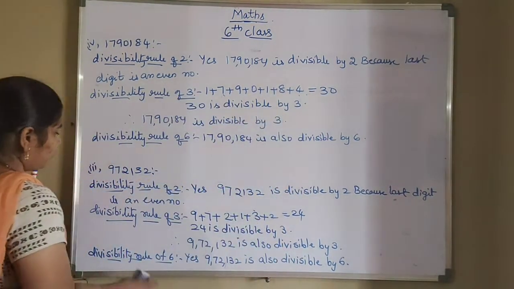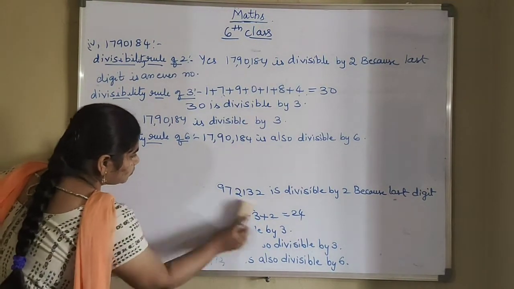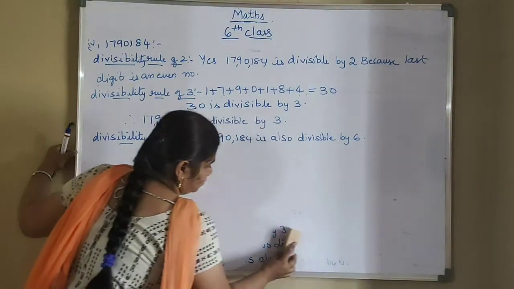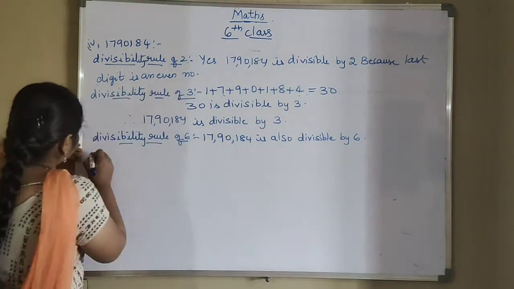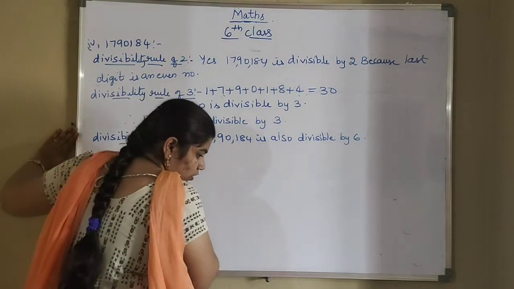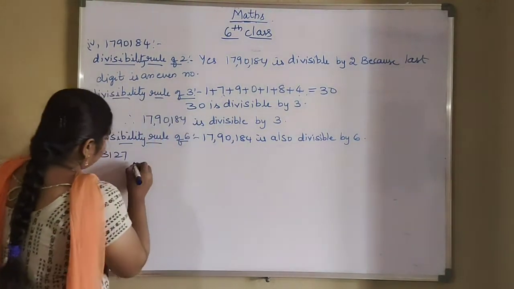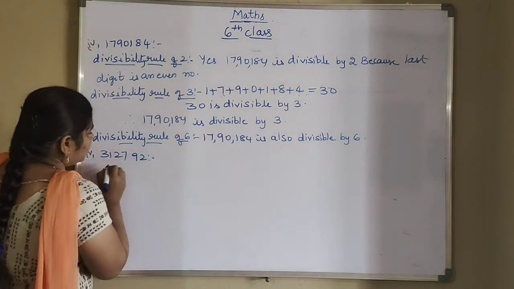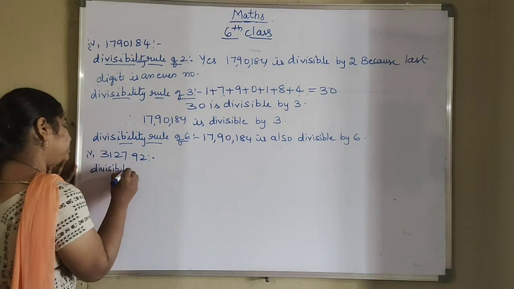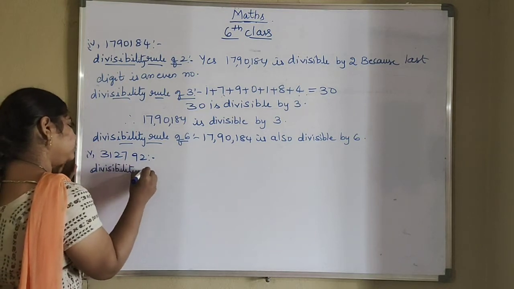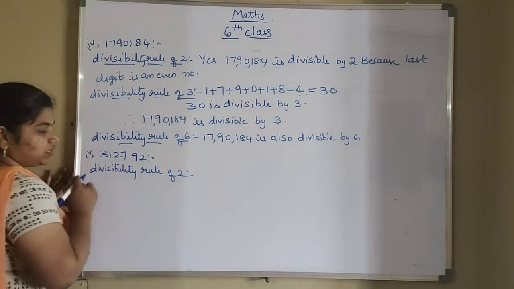Next, the fifth one I will do, and the remaining 3 you have to do as homework. So what is the fifth one? First we have to check for the divisibility rule of 2. So what is the last digit? 2.